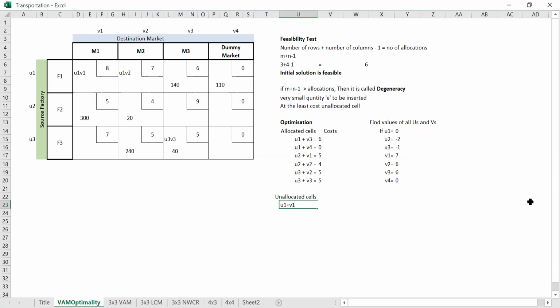U1 plus V1, U1 plus V2, U2 plus V3, U2 plus V4, U3 plus V1, U3 plus V4. So these are the unallocated cells. Zij. We're going to find out Zij.